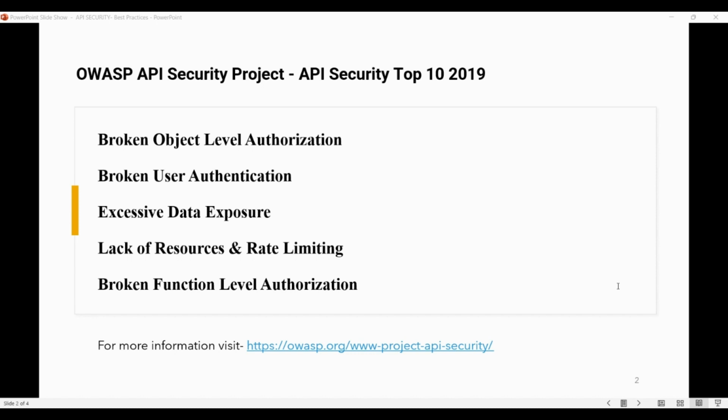If it sends sensitive authentication details like authorization tokens and passwords in the URL, then your API is vulnerable. And if it does not validate the authenticity of tokens, then it is vulnerable too. So if your API is not following all the common best practices in its authentication mechanism, then it is definitely vulnerable to outside attack.